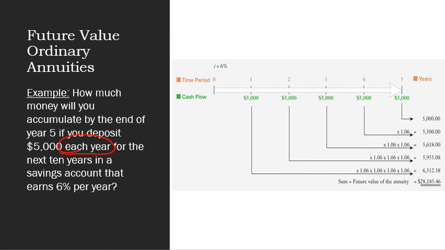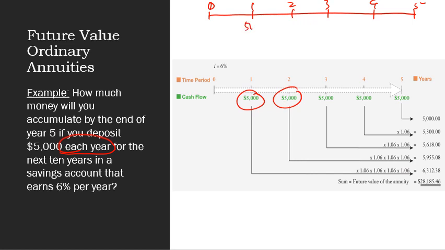It means that on the timeline 0, 1, 2, 3, 4, 5, this amount will be deposited each year, until the end of year 5, in a savings account that earns 6%. So this will be an ordinary annuity because it starts at the end of year 0.